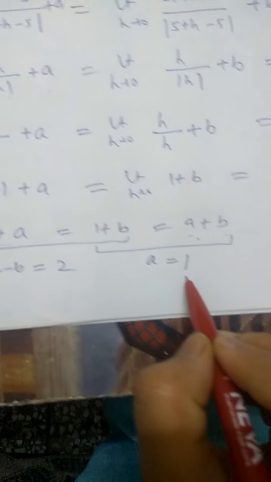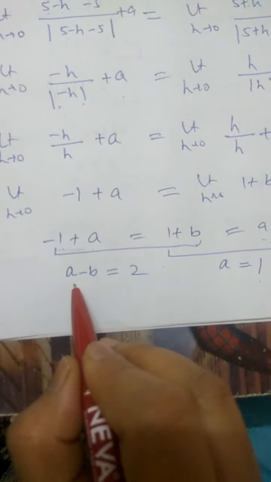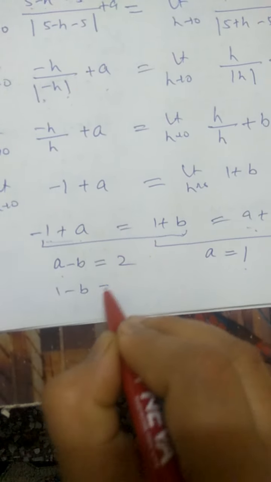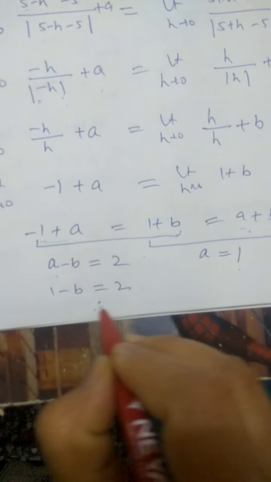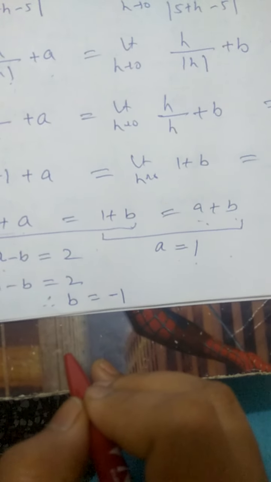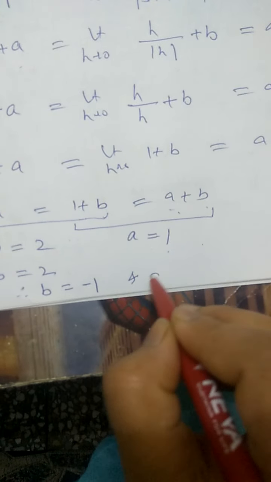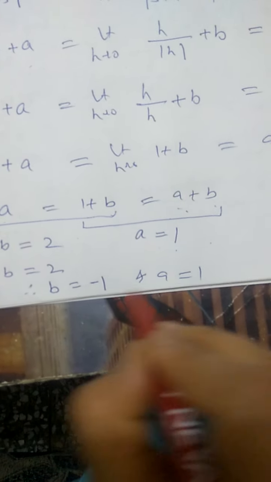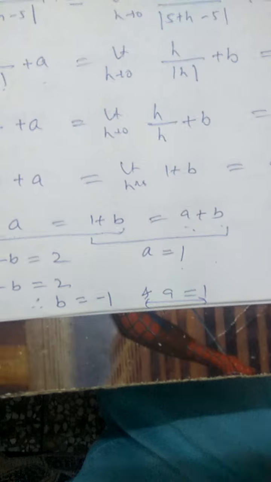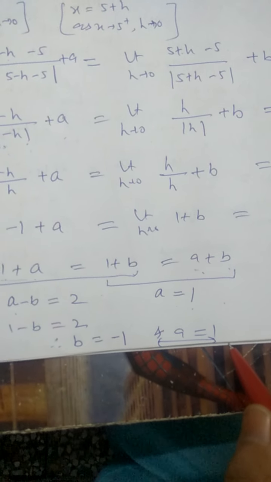And now when a is equal to 1, substitute here 1 minus b is equal to 2. It means b is equal to minus 1. b is equal to minus 1 and a is equal to 1. That is the values of a and b. Is it clear?